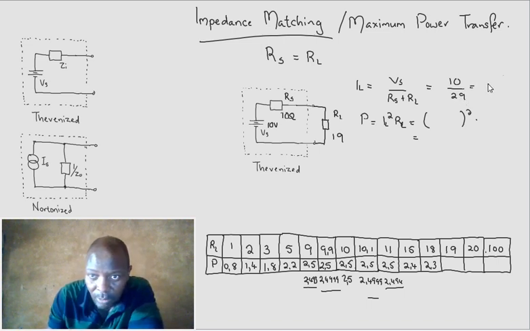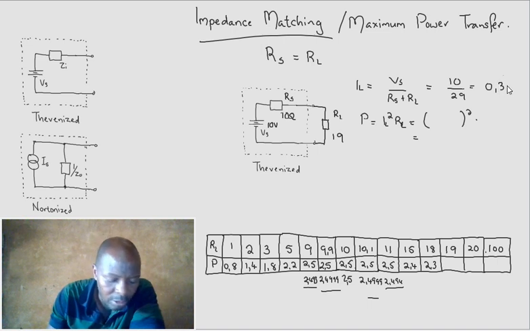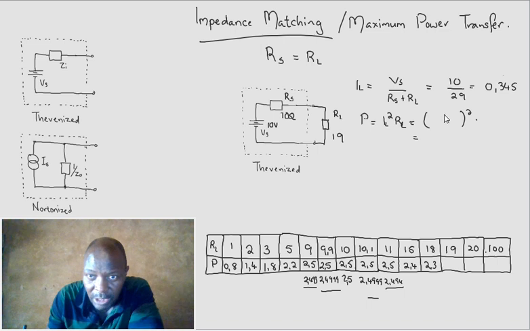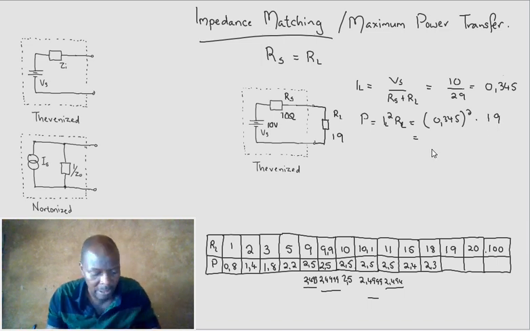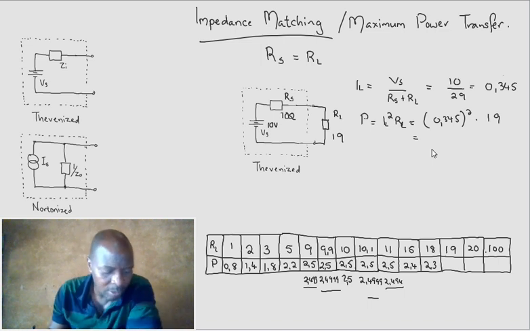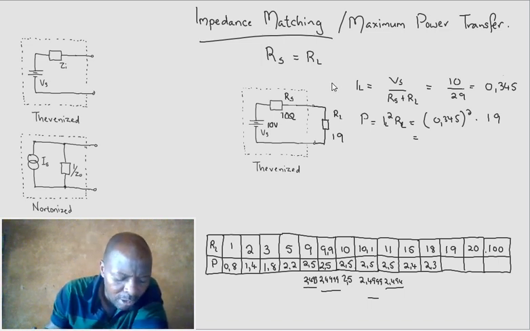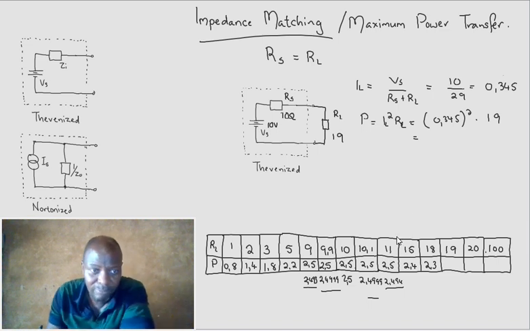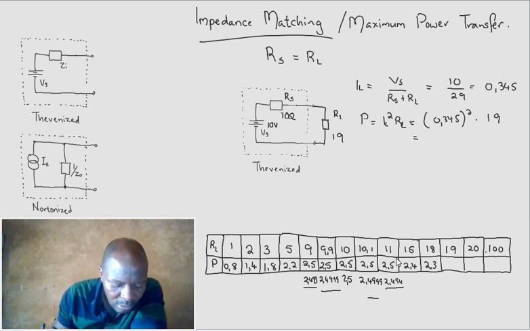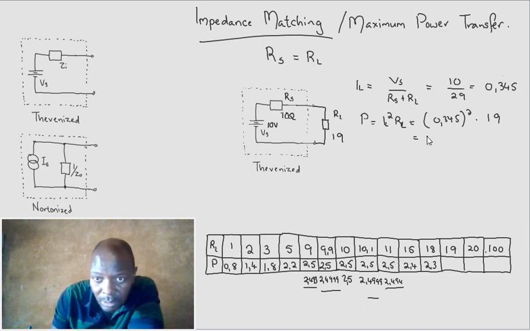Then that is squared, times 19, the load. That will be 2.259. Okay, and then in that case, that will be what?